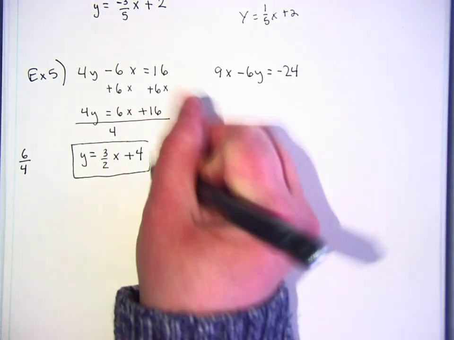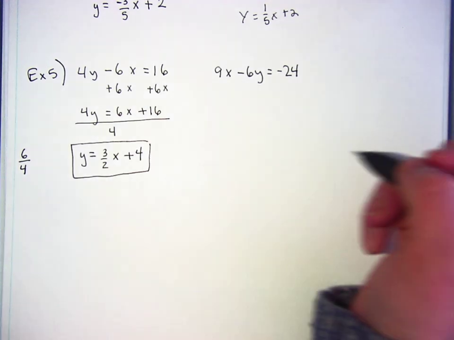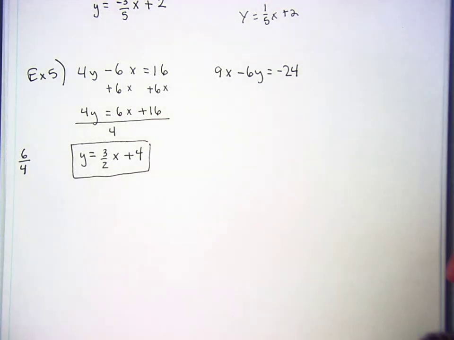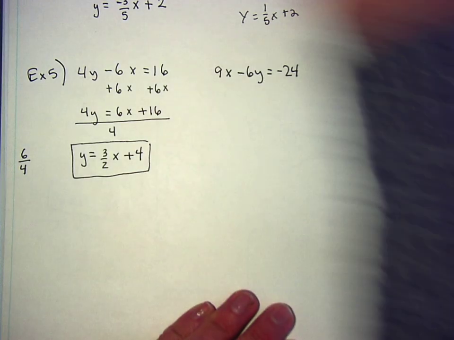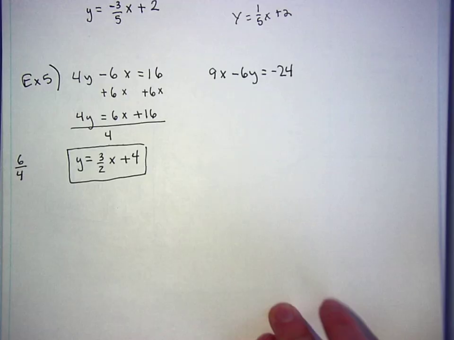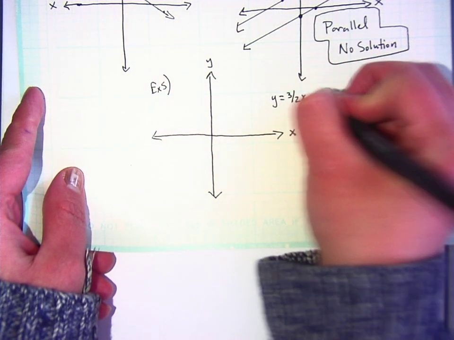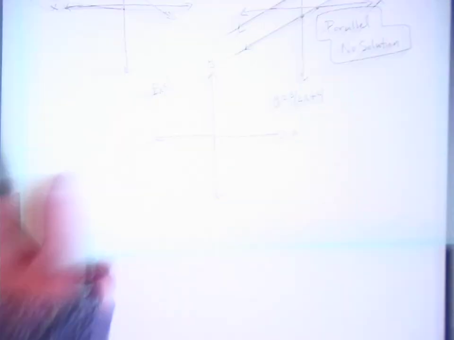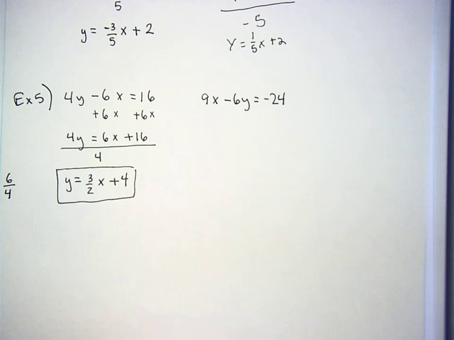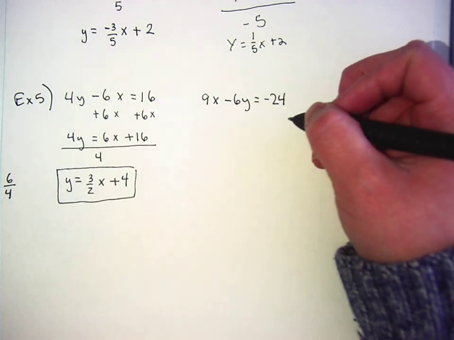So this is one of my lines. I'm going to flip it to the other side and write down y equals 3/2 x plus 4. Back to the back. Now what?